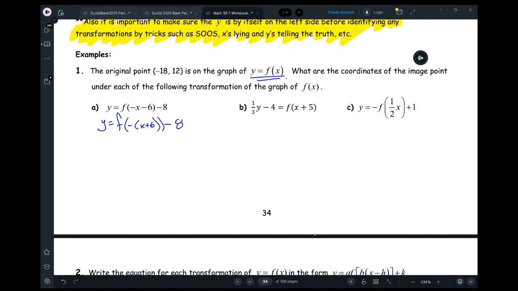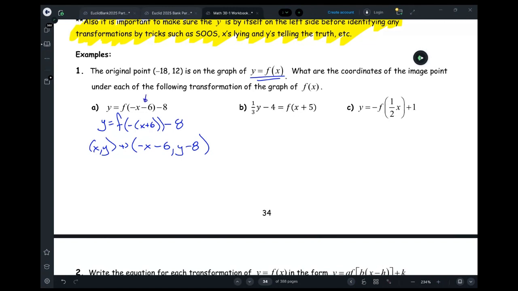What I'm seeing here is a horizontal reflection. So it's going to make x negative. And then what I'm doing here is moving this 6 to the left, so I'm going to subtract 6. Okay. And then over here on the y, it's going to be 8 down. But I have to factor out that negative, otherwise you might interpret that as 6 to the right.